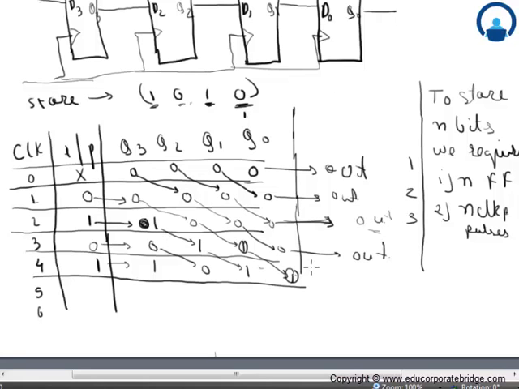Already we have this 0, so no clock pulse is required to extract this. So let's say we have to start removing, so we give a don't care input, which will be shifted here, this one here, this 0 here, this one here, and this is already out.